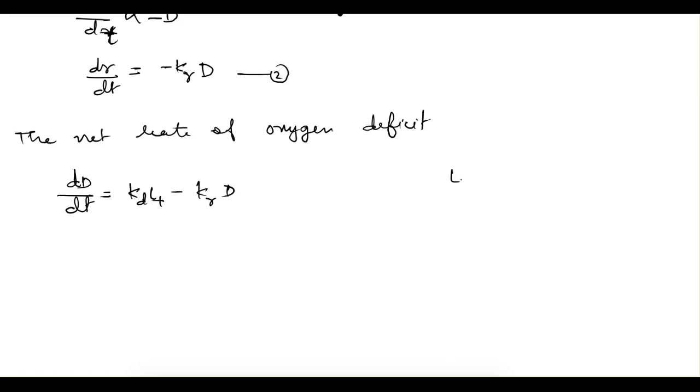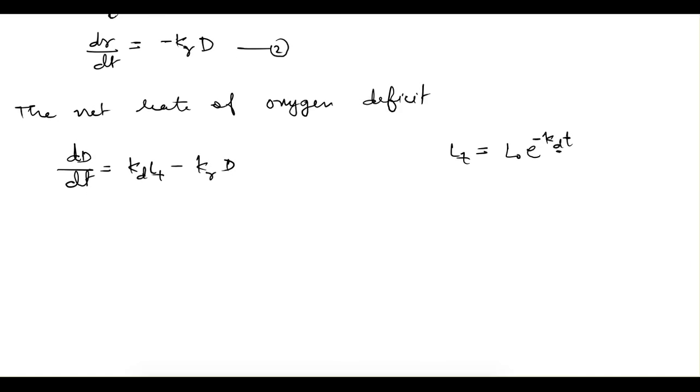Now Lt, we know from our discussion in BOD, is equal to L naught e to the power minus kd into t. Here I am using d and r to differentiate the two, that is deoxygenation and reoxygenation. So we can write dD by dt, that is the rate of deficit, plus kr into D is equal to kd L naught e to the power minus kd into t.